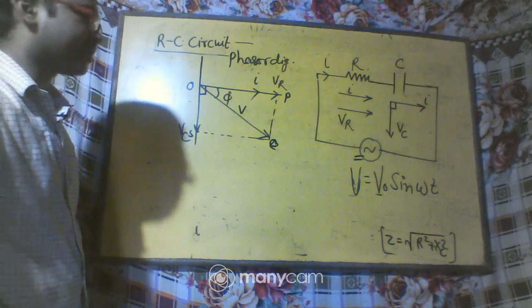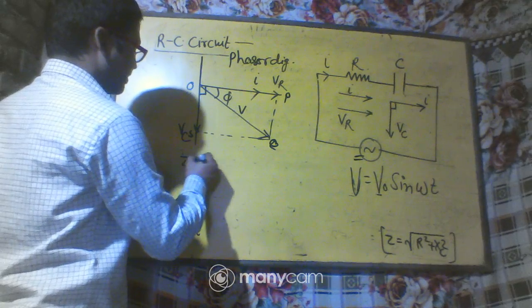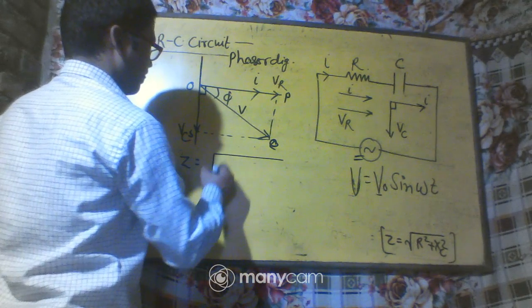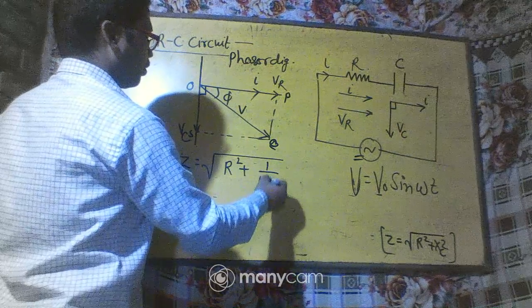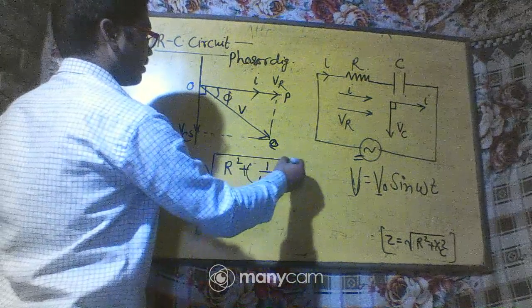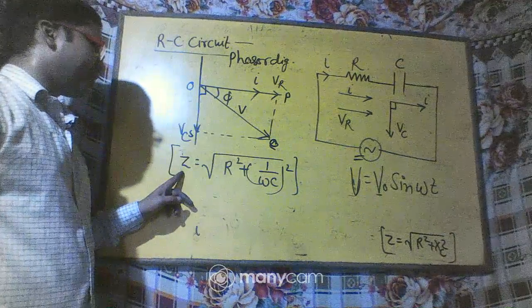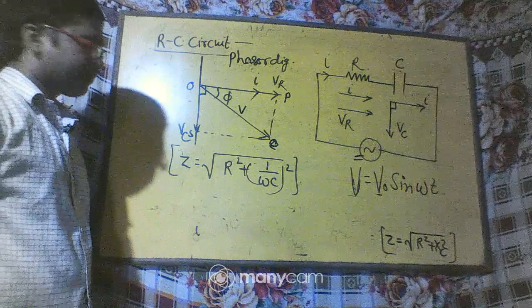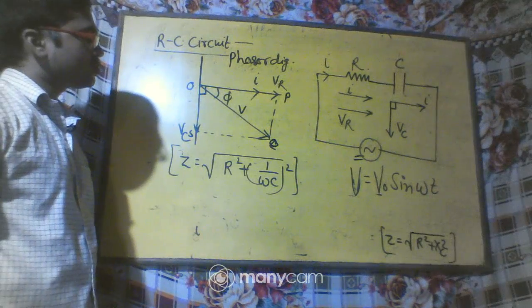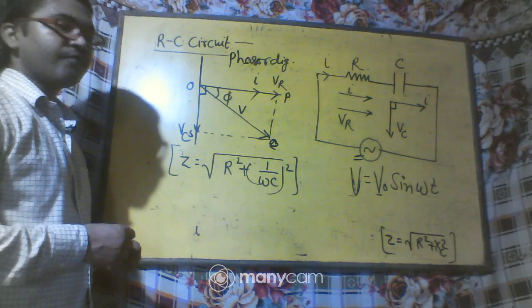So you can see here Z is equal to under root R square plus XC square. So you can also write Z is equal to under root R square plus 1 upon omega C whole square. Okay, this is the value of impedance in the form of omega. So you can use these relations to solve your questions.